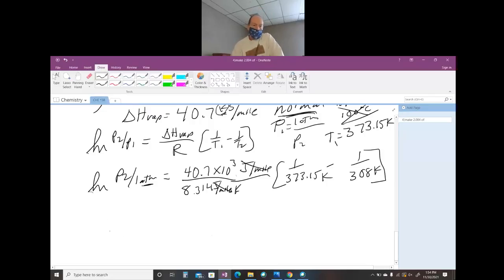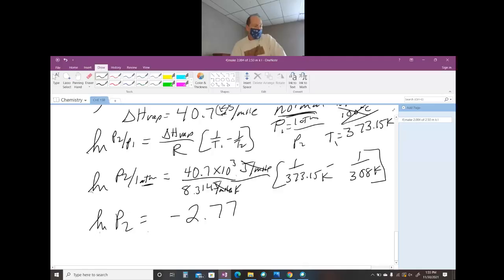Always temperature in Kelvin. All right, so now we have the ln of P2, and then we do our parentheses first when we solve this. So we're going to do our parentheses first, then multiply it by the 40.7 times 10 to the third, then divide by 8.314, and you will get negative 2.77.